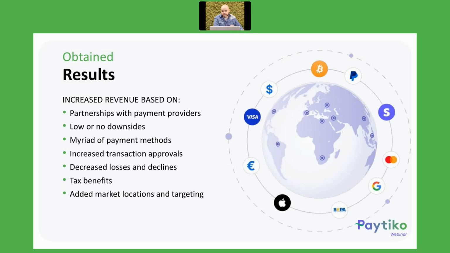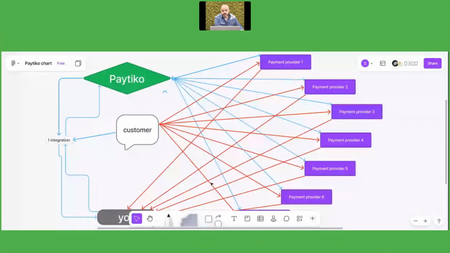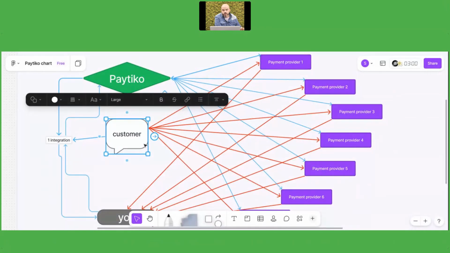Let me just share a screen and explain what I mean by that. There you go, I hope it's visible now. This is a simple chart of how the payment goes through and what I mean by transactional approvals. Every time a customer comes to your website and wants to make a purchase, the payment attempt goes in parallel between multiple payment service providers.